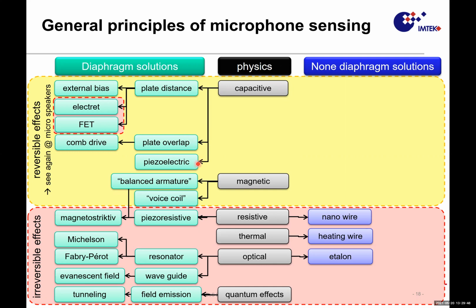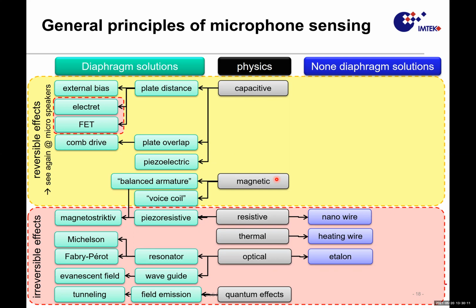These are all kind of capacitive transducers, which we can check. And it's also always interesting, they are reversible effects. So you can use them in one and the other direction as a transducer, not only as a microphone, but maybe later on also for speakers. Then of course we have the magnetic transduction, voice coil or balanced armature.